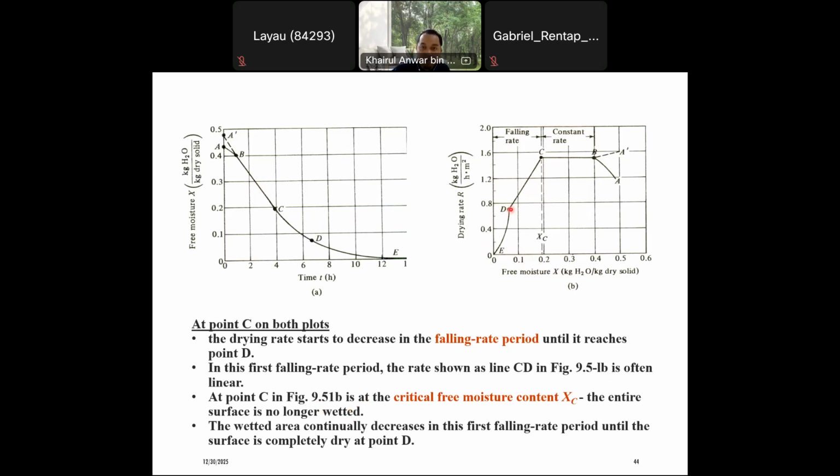So point C is the end of the constant rate period, which is called the critical free moisture content. The entire surface is no longer wetted, so the wetted area continues to decrease in this first falling rate period until the surface is completely dry at point D.